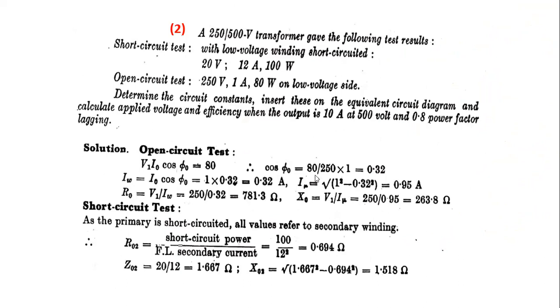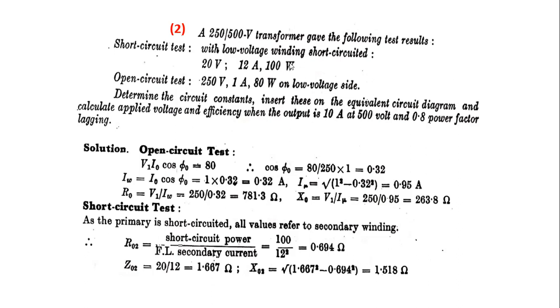Next, coming to the second problem. A 250 by 500 volt transformer gave the following test results. From the short circuit test, 20 volts, that means VSC, and 12 amperes, that is ISC, and 100 watts, that is WSC. WSC means the copper losses.